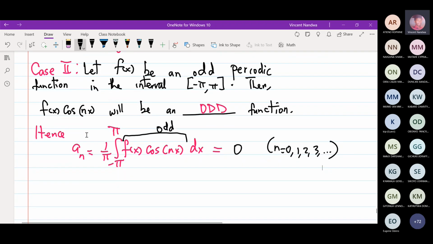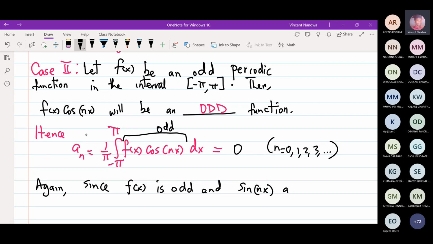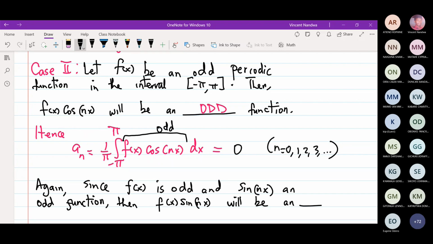And then, if we know that f of x is odd and sine of nx is also an odd function, then if we take f of x and multiply by sine of nx, it will be which type of function?